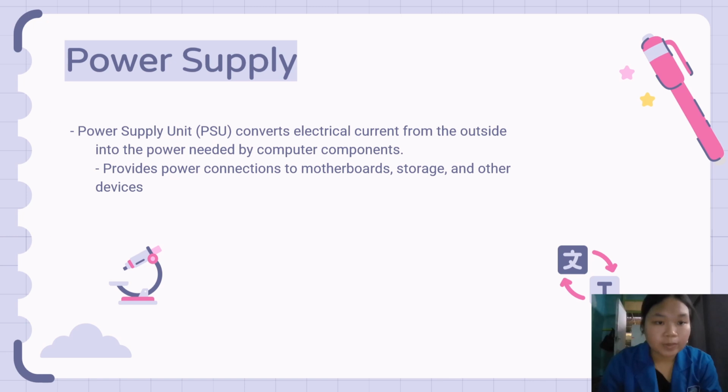The power supply unit or PSU converts electrical current from the outside into the power needed by computer components and provides power connections to the motherboard, storage, and other devices. Namely power supply ATX, power supply BTX, and power supply linear.